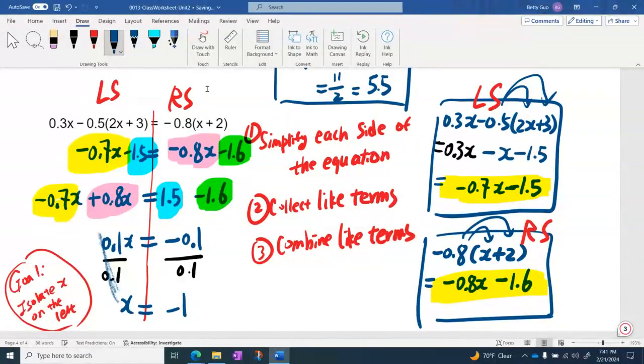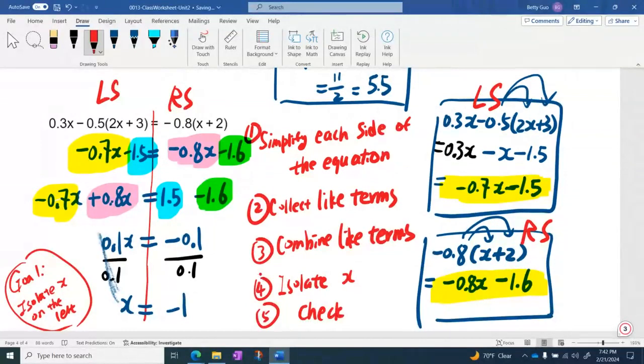Your calculator can help you, right? Negative 1. Negative 1. Yeah, we can add a step 5 to check your answer.